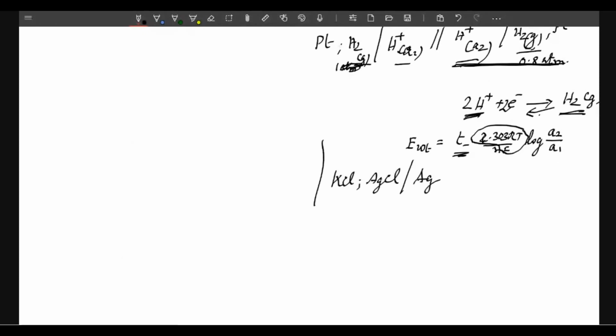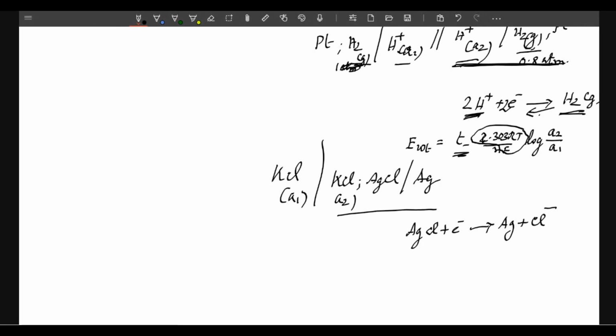Here also KCl solution activities, activities 2. Here you have to take this one. What is the activity of this? Here what happened is silver chloride is converting the silver Ag plus into Ag plus Cl minus.